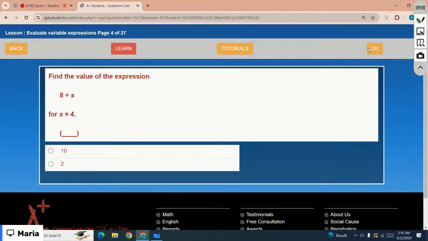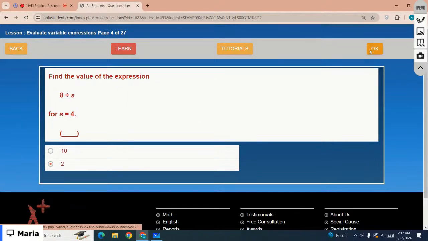Find the value of the expression 8 divided by s for s equals 4. The correct option is 2. 8 divided by 4 is 2.